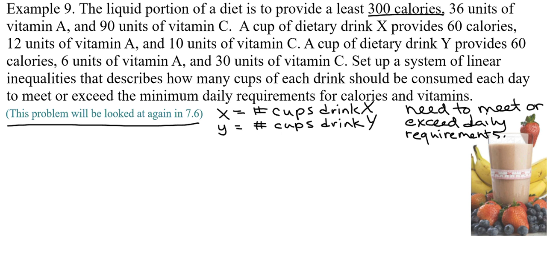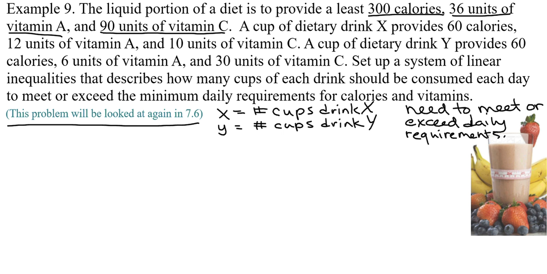We need 36 units of vitamin A, so another thing we have to meet is our vitamin A requirement, and then 90 units of vitamin C. As we write our constraints, that's where we're going to get some equations. And then just a reminder that X has to be greater than or equal to 0, Y has to be greater than or equal to 0. Those are kind of hidden constraints because we're not going to have a negative number of cups of either of these drinks.